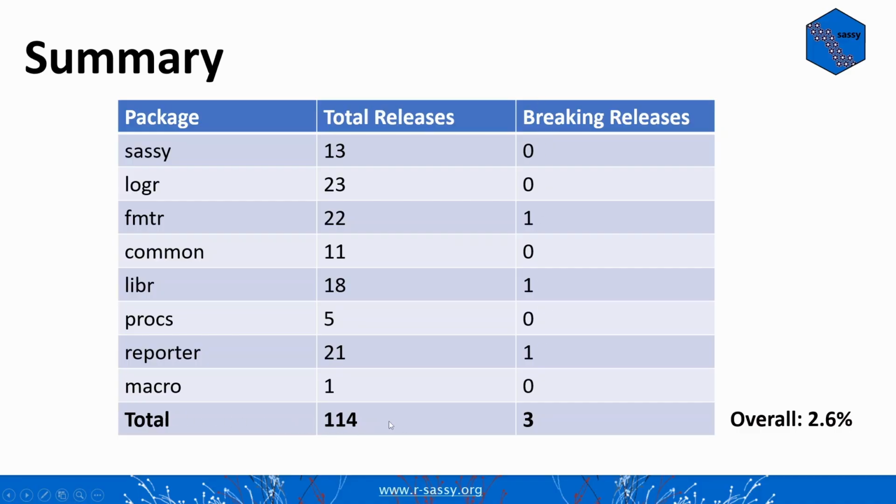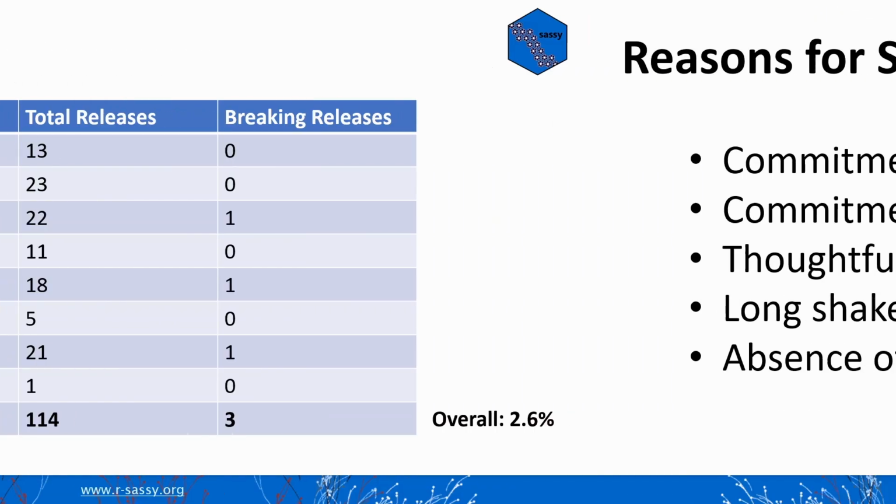Overall, the r-sassy system at this point in time has had 114 releases. 3 of those were breaking, for a breaking release rate of 2.6%. That means that every time a r-sassy package is released, you have a less than 3% chance of getting a breaking change. And that is extremely good.